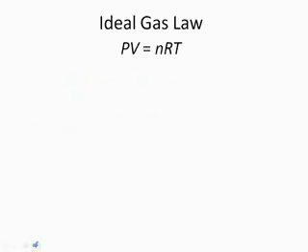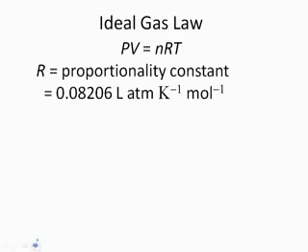Okay, and here's a description of our variables. R is our proportionality constant. It is the universal gas constant, and it is 0.08206, and the units are liter atmospheres per degree Kelvin per mole.